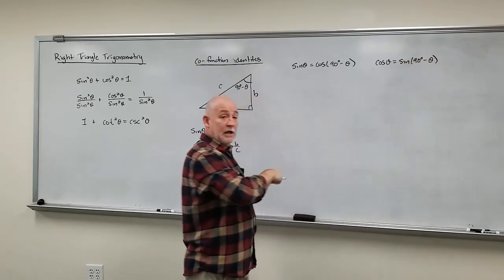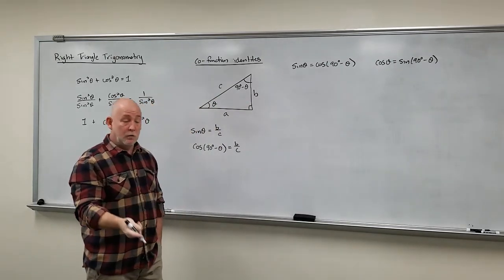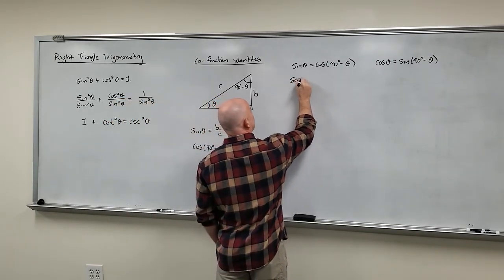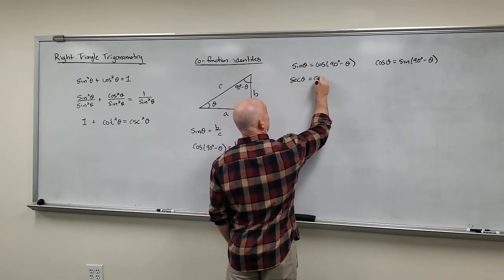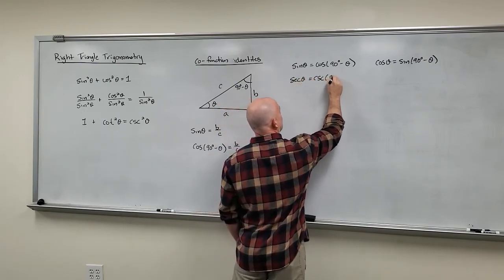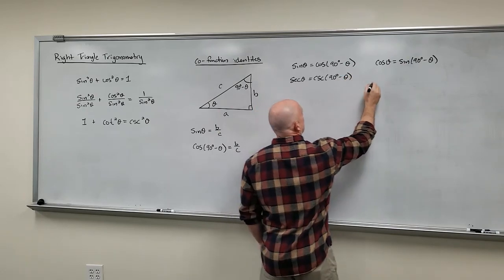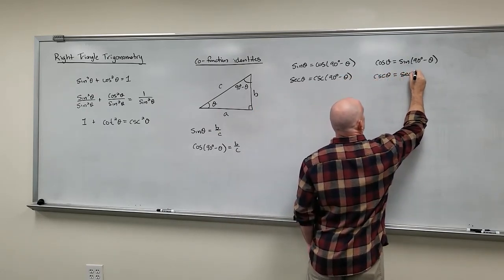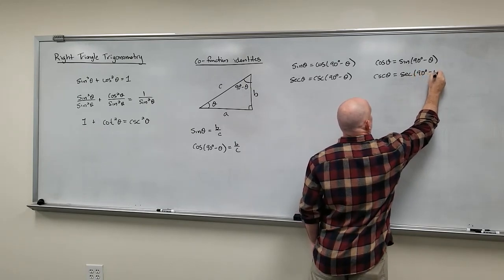So we have the sine and its cofunction, cosine. It works the same way for the secant of theta, whose cofunction is cosecant. Or the cosecant of theta is equal to the secant of 90 degrees minus theta.